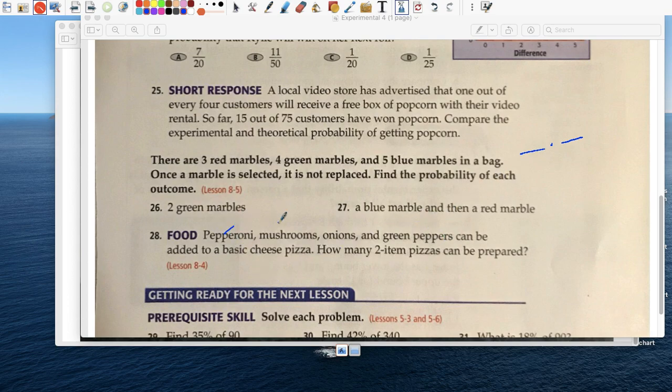We have 1, 2, 3, 4. So for your first topping, we have 4 choices. For your second topping, how many choices do we have? We have 3 toppings, right? Because 1 has already been used. So how many different pizzas can we make here? How many 2-item pizzas? 12.